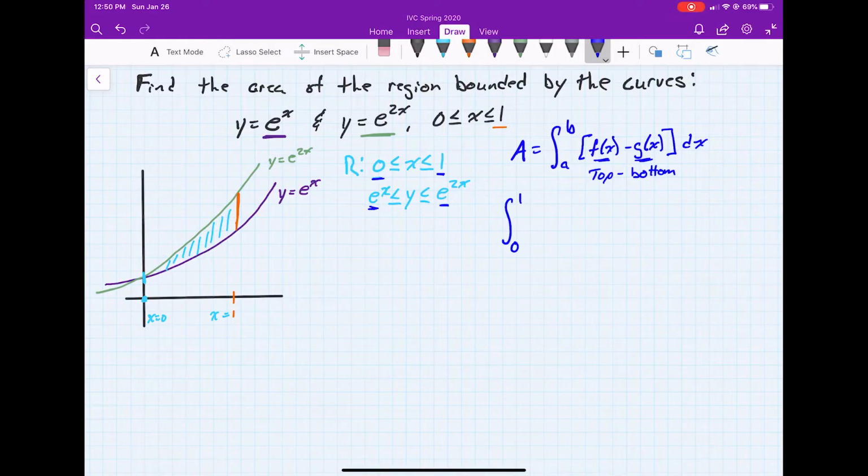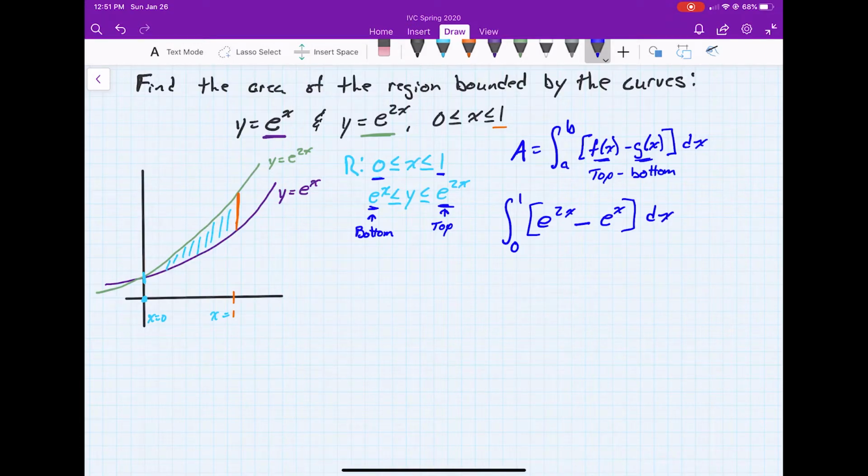And then again, we're doing top minus bottom, so this function is my top, so I'm going to write that first, e to the 2x, minus our bottom, and this one right here is my bottom, and that is e to the x, and then this of course is dx.